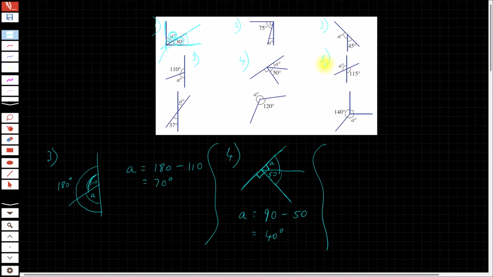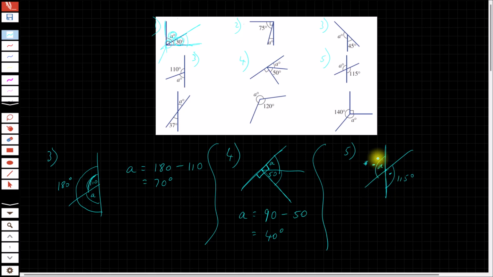Number 5, we have a line here, we have a line going this way. This angle here is 115 degrees. We don't know this angle here, but here we have 2 straight lines intersecting at a point. And when we have that, we know that the opposite angles are equal.